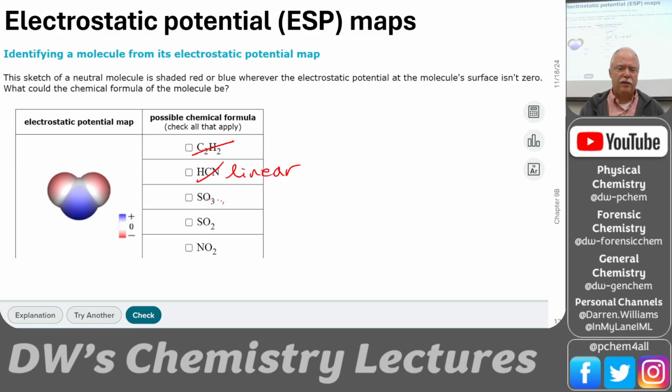This one has 4 atoms, so it's not that one. So I guess it could be SO2 and NO2. Does it make sense that these are going to be negative on this end? Are the oxygens going to be more negative? Yeah, more negative than the sulfur and more negative than the nitrogen. So it could be either one of those. Again, these are all check-all-that-apply, so it could be either NO2 or SO2.